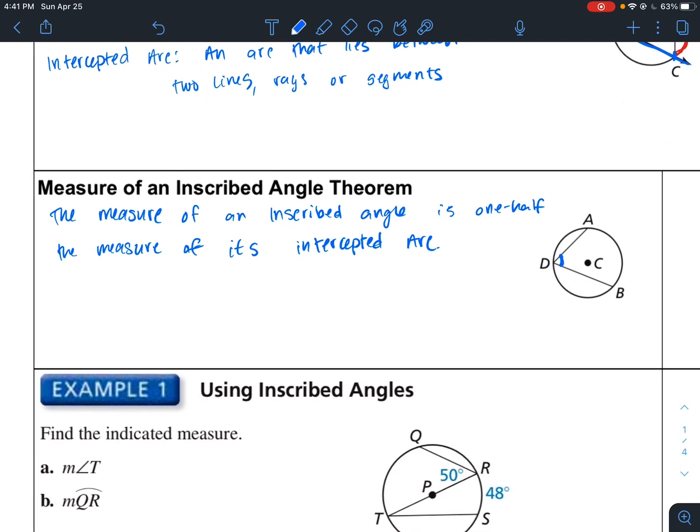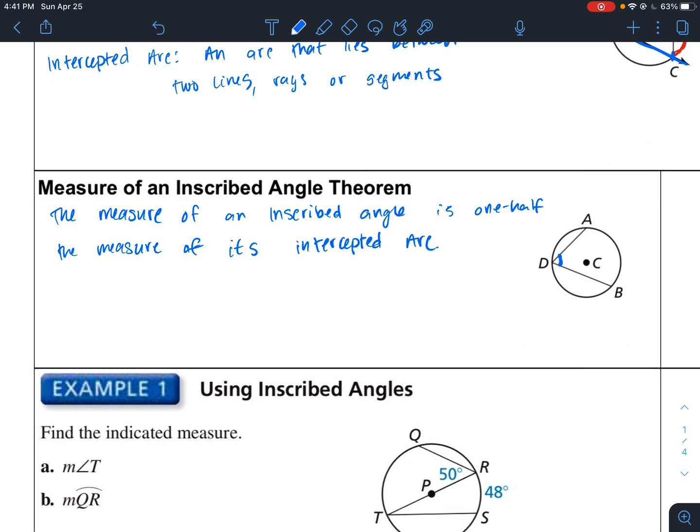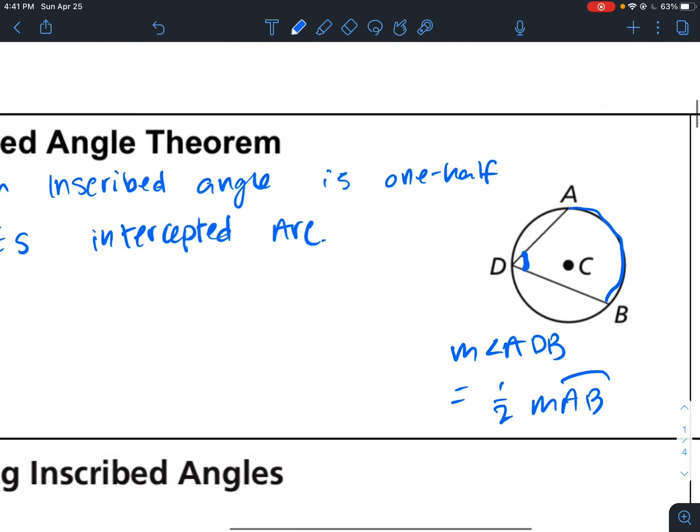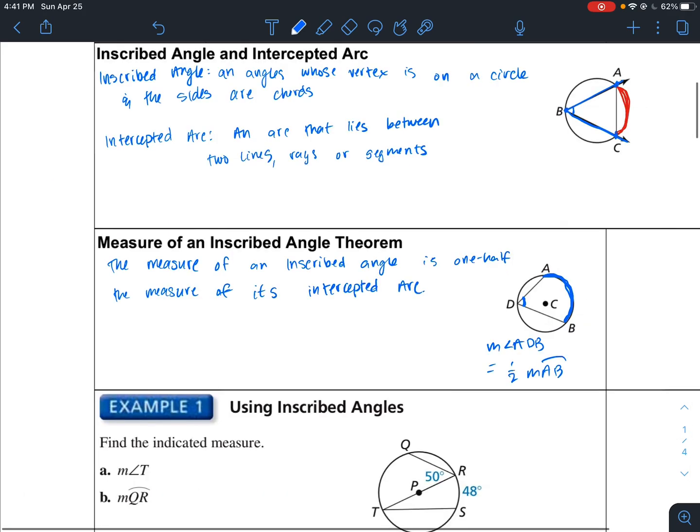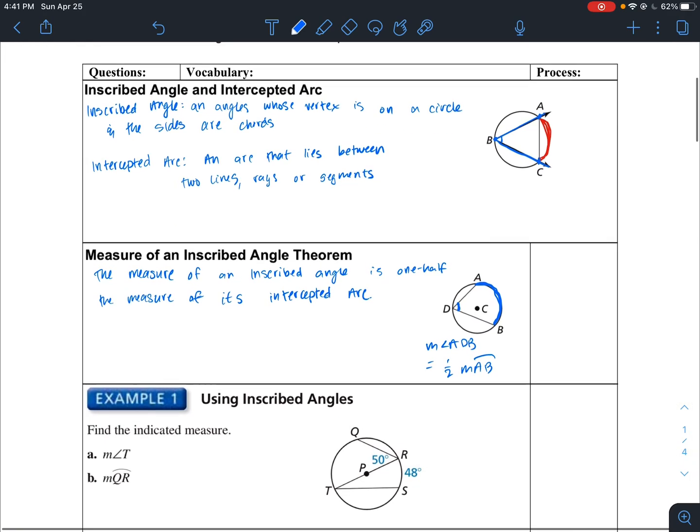Okay, so this angle right here, so the measure of angle ADB is equal to half of its corresponding intercepted arc, so arc AB. So this angle is half of this arc right here. Okay? So that's its relationship, 1/2.